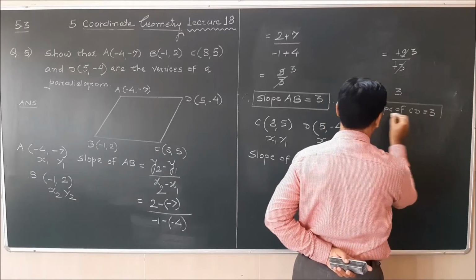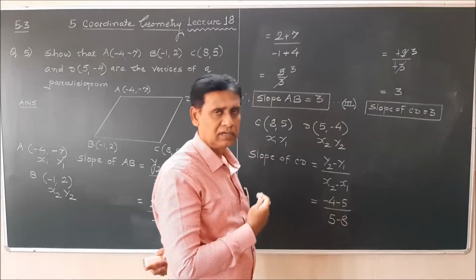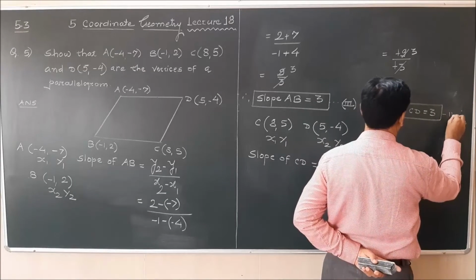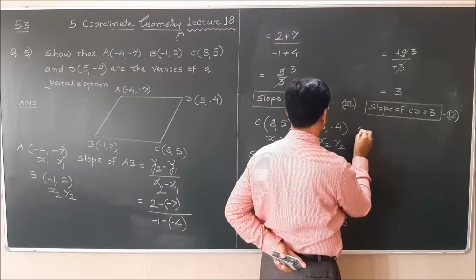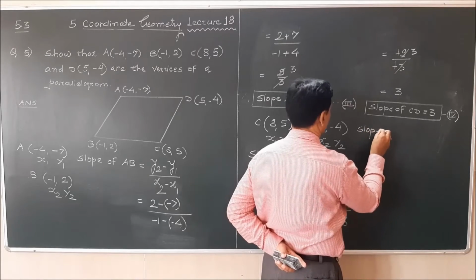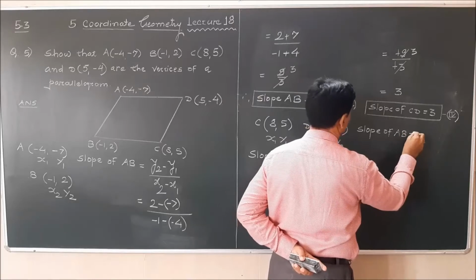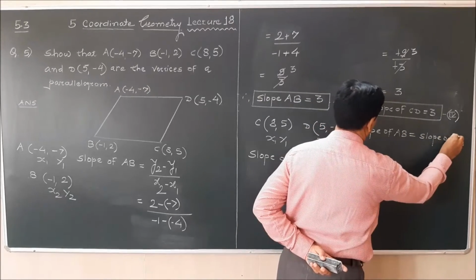As we have done in the previous case, in the same manner, I will label it as 4. I will write it over here that the slope of AB is equal to the slope of CD.